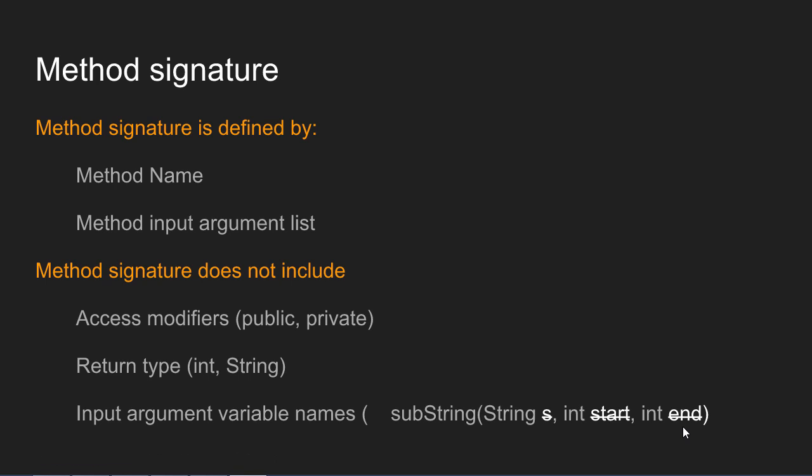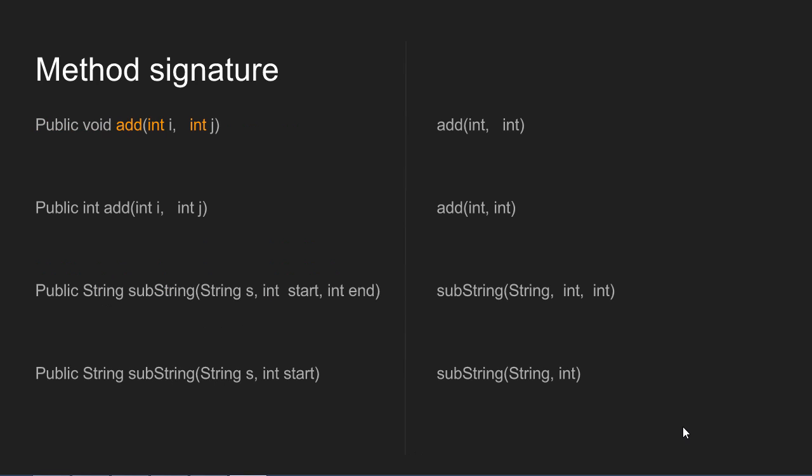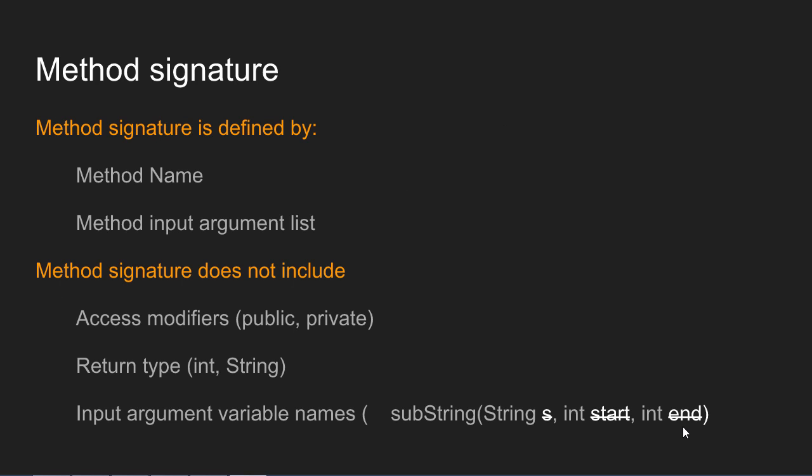So that is all about method signature. We need to understand what defines the method signature and what is not part of it. Whenever we look at a method, we should be able to tell what the method signature is for that particular method. So this particular slide is very, very important. Given a method, you should be able to write the method signature, and writing it is very simple. Okay, that is about method signature.